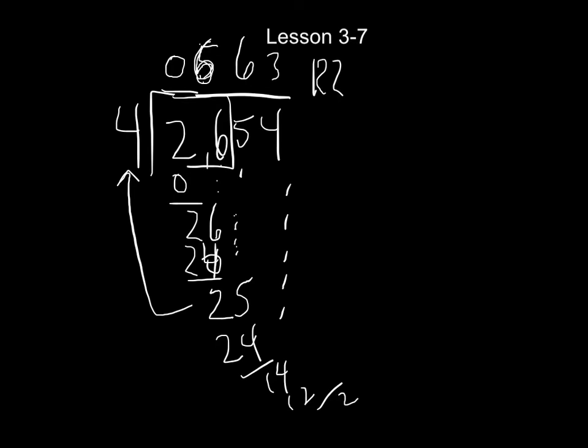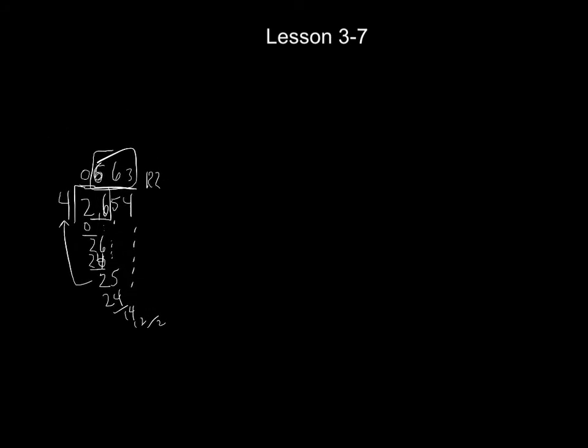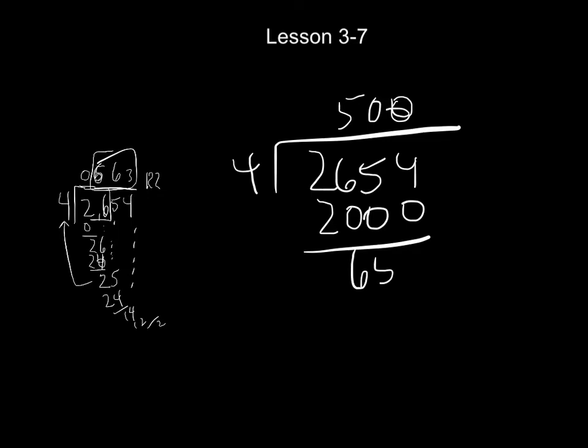By doing it this method, you do have to get all these digits exact. If you do a different method, if you do the expanded notation method, and do 2,654 divided by 4, you could do 500 to start, and it tells you that equals 2,000, leaving 654.